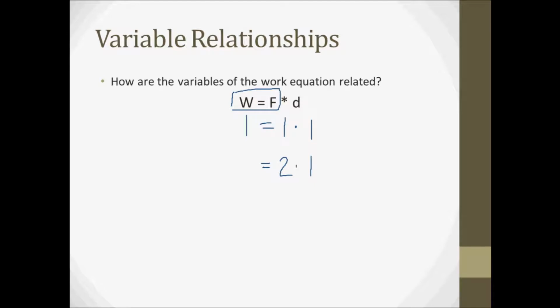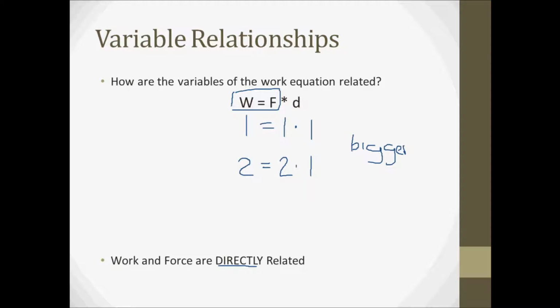And in order for our equation to still be true, that's going to make the work 2 as well. Which means the work increased. So they both got bigger together, which means it's what type of relationship? If they're both increasing, that means you have a direct relationship. So force and work are directly related.